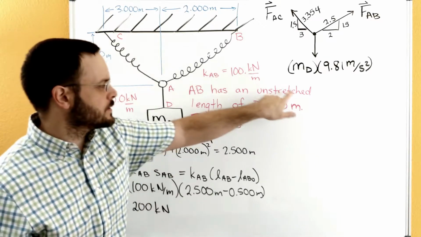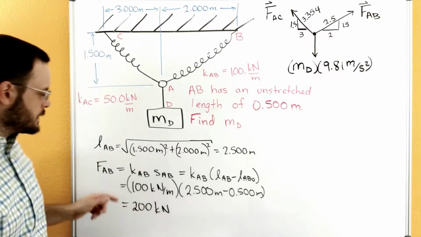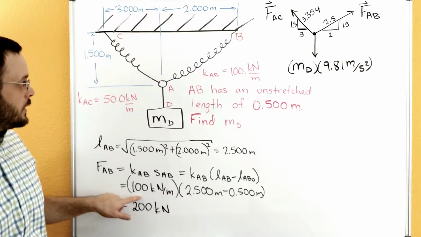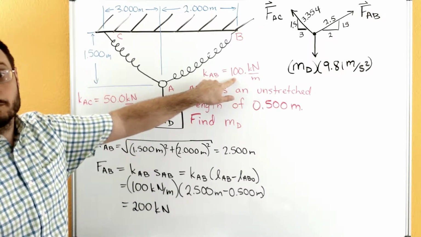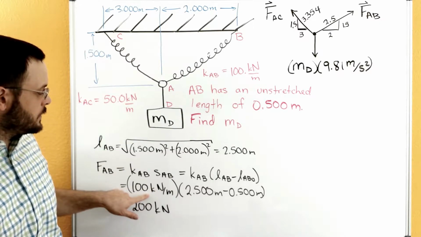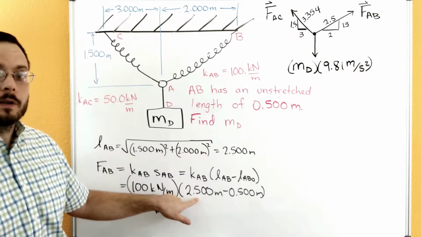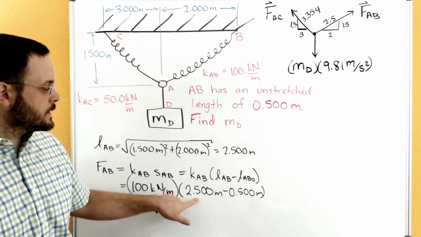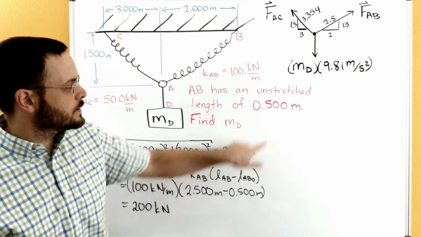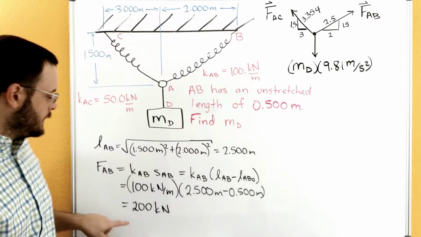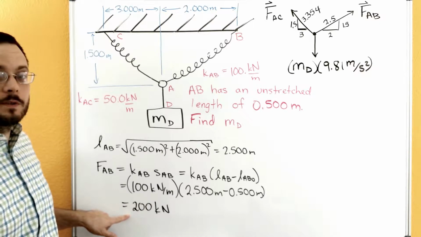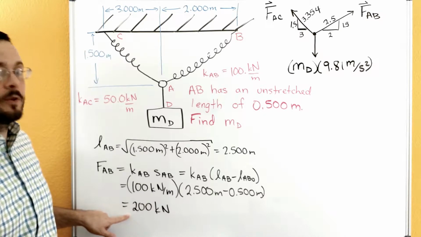That's this unstretched length that we have here. So plugging in all of our numbers, we have our 100 kilonewton per meter. We'll plug that in for the spring constant. We have our current length, 2.5 meters, minus that unstretched length of 0.5 meters. And that gives us that the current force in the spring is 200 kilonewtons.